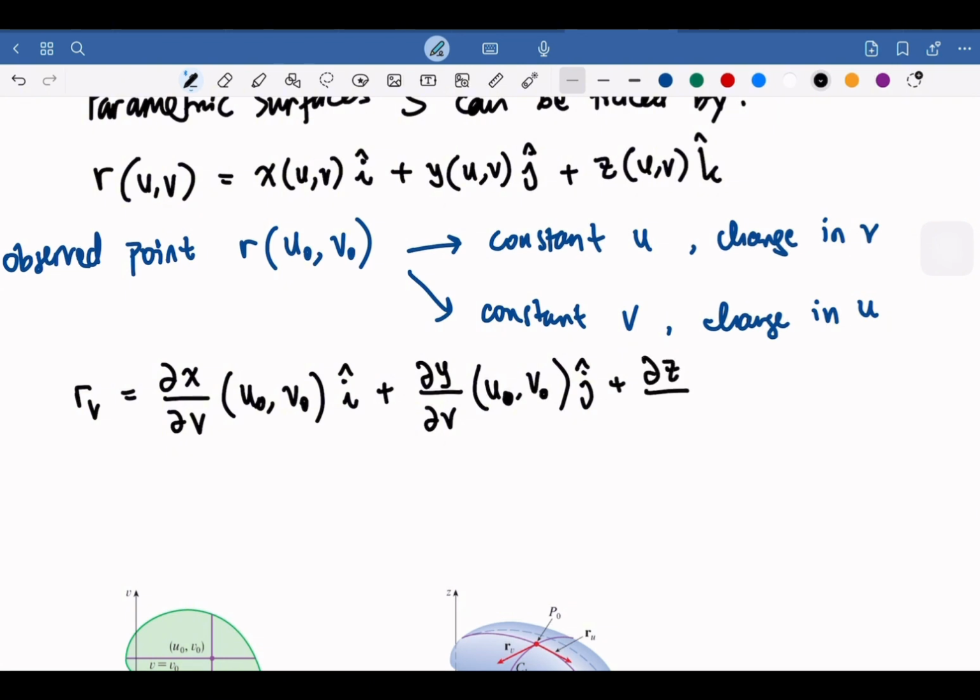So partially derive all the terms with respect to v. And then similarly, we take the constant v, or partially derive with respect to u, so this will be partial u, and we write the same, but we partially derive with respect to u.